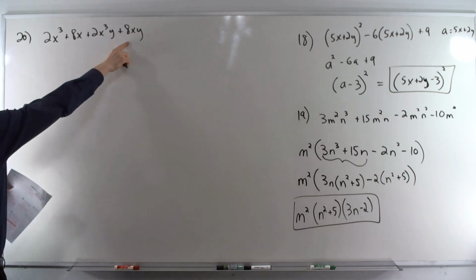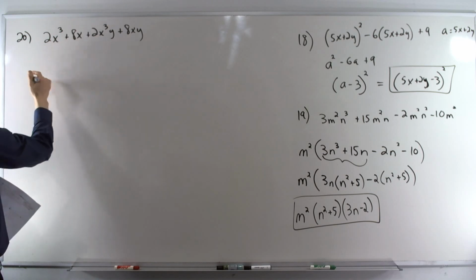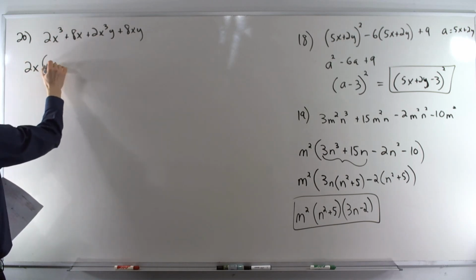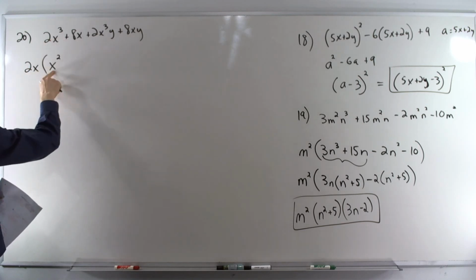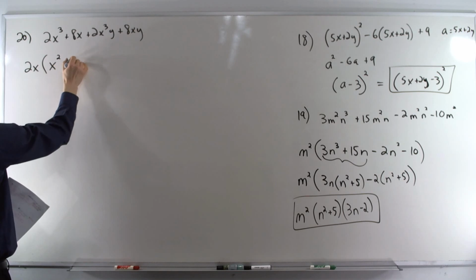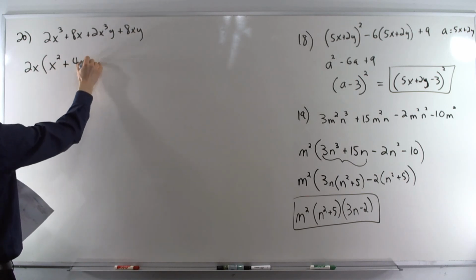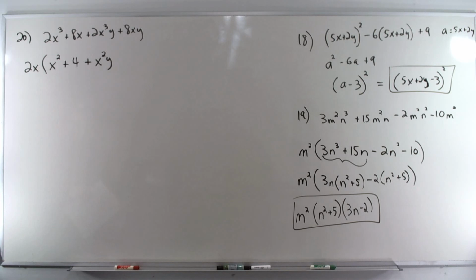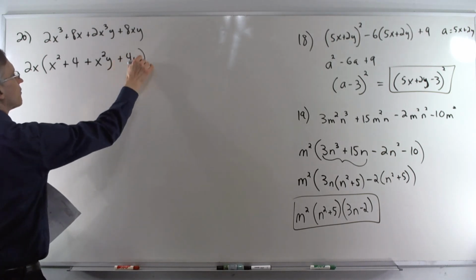Looks like we have all even numbers, so we can factor out a 2, and all terms have at least one x. So let's factor out 2x. All right, 2x to the third divided by 2x is x squared. We get a 4 there. x squared y. And 4y.